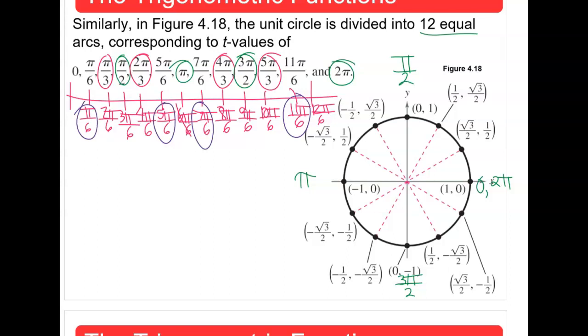So the first one is here, 5 pi over 6. The next one is going to be in pink, pi over 3. The next one, pi over 2, we have it. The very next one is going to be also in pink, and that will be 2 pi over 3. The very next one, 5 pi over 6, that will be purple.